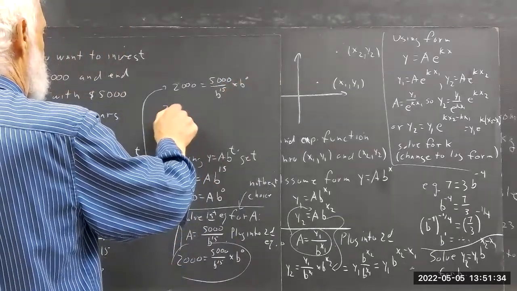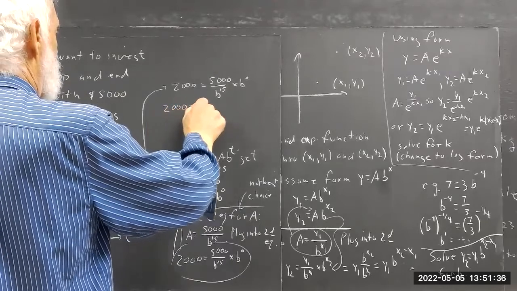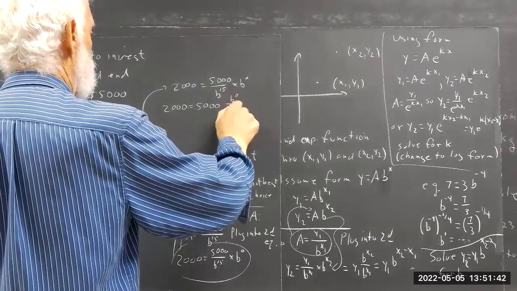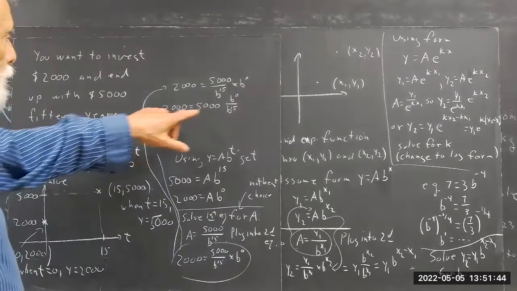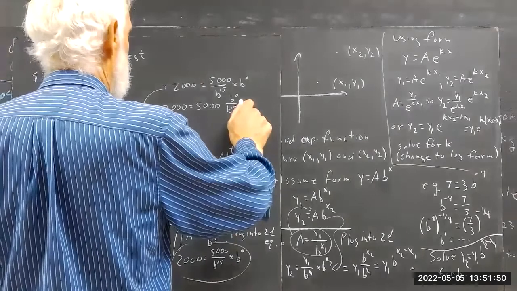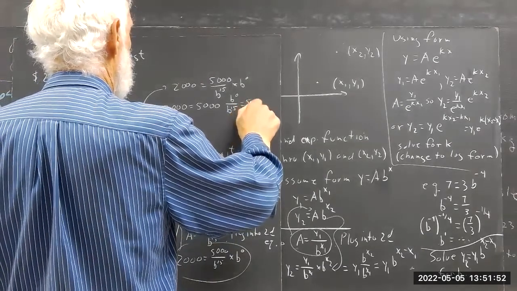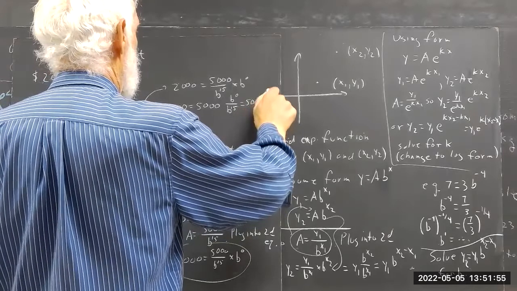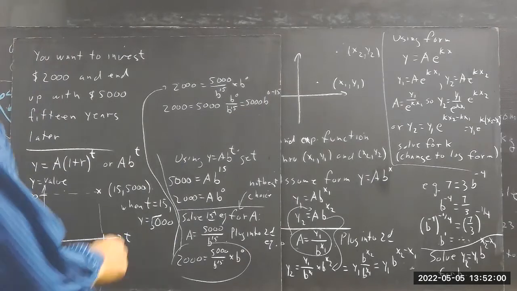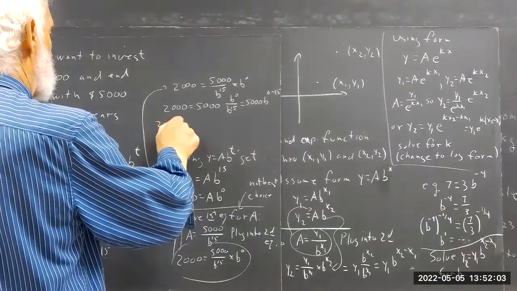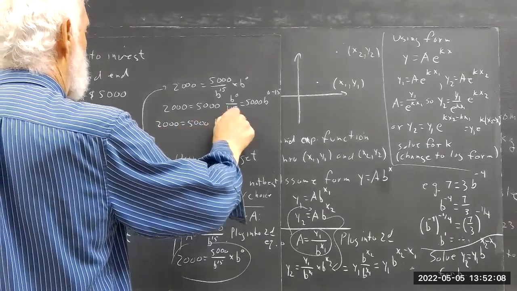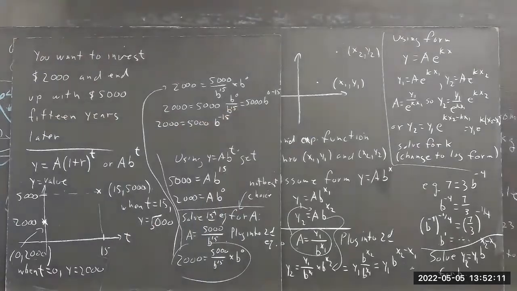This says 2,000 equals 5,000 b to the 0 over b to the 15th, which is 5,000 b to the 0 minus 15. So the 2,000 equals 5,000 b to the negative 15th.